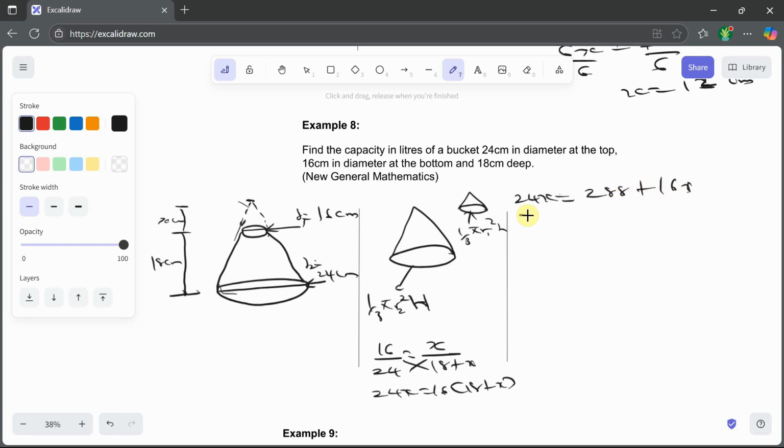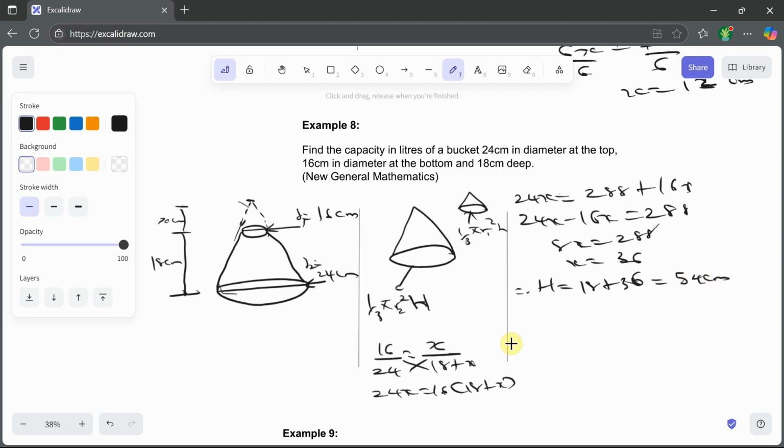So 24x minus 16x is equal to 288, and this 8x is equal to 288. If I divide this by 8, my x is 36. Therefore my big H is 18 plus 36, which gives me 54 centimeters. Then my small h is 36 centimeters.